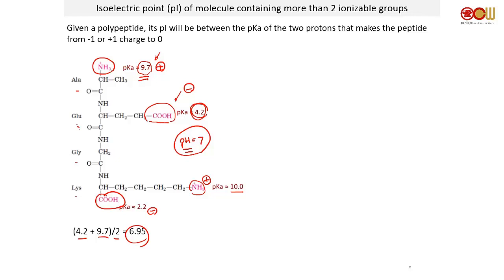So let me give you another condition. How about we just draw another condition? If pH is equal to 3, again, this one's positive, this one is still negative or neutral? When pH is equal to 3, neutral, right? So this one's going to be neutral. And this one is still positive, and this one neutral, right?